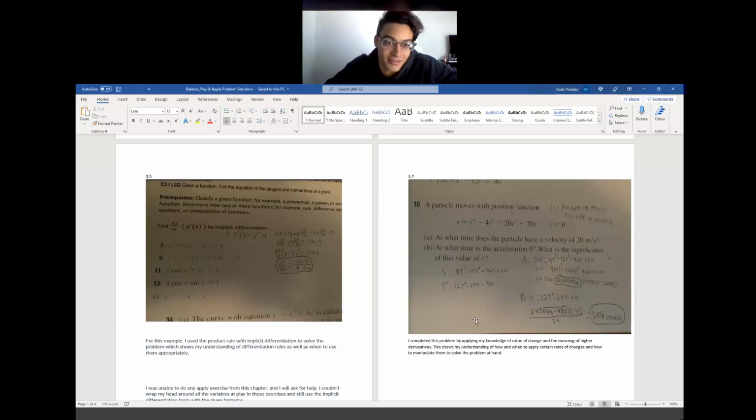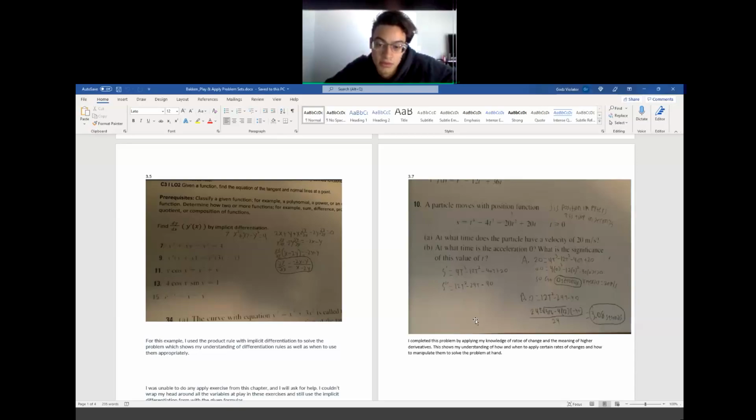All right. So same thing for part A. I just took the derivative of the function and set 20 as v of t equal to the derivative function. Then the 20s canceled out if you take 20 away from both sides, which makes it a quadratic if you divide everything by t.